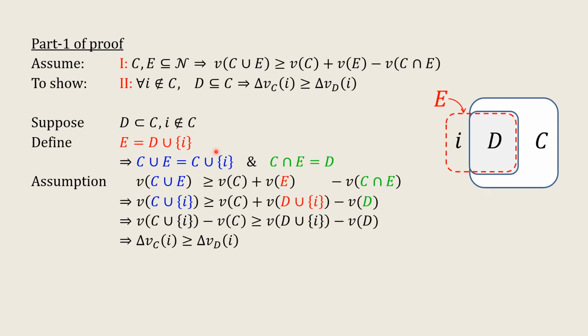Now I have to prove the opposite, that assuming statement 2 holds, I have to prove statement 1. That's a little more complicated. So let's go into that second part of the proof.